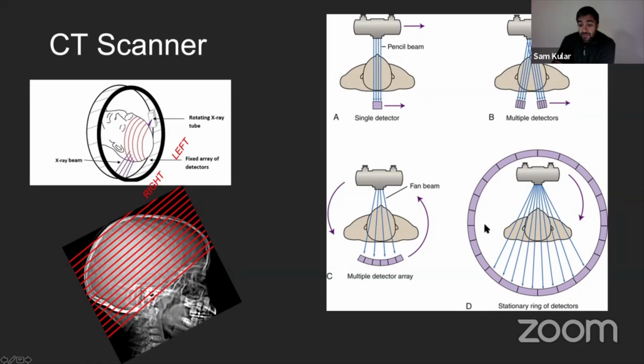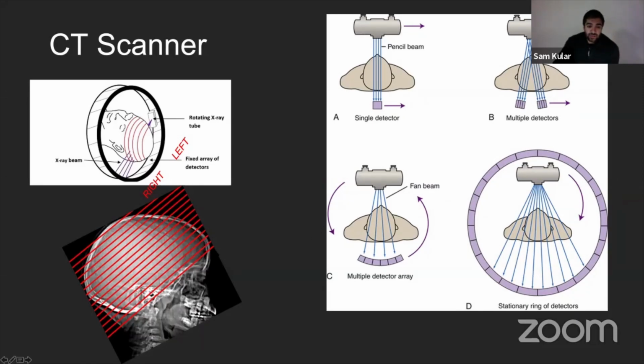Nowadays we have what's seen as D, which you may have seen in scanners within our radiology departments, where there is a single ring of detectors and the X-ray beam can just move in one swift motion around, and because the detectors are already there around the patient, an image can be acquired in a matter of seconds, whereas it used to be a lot longer.